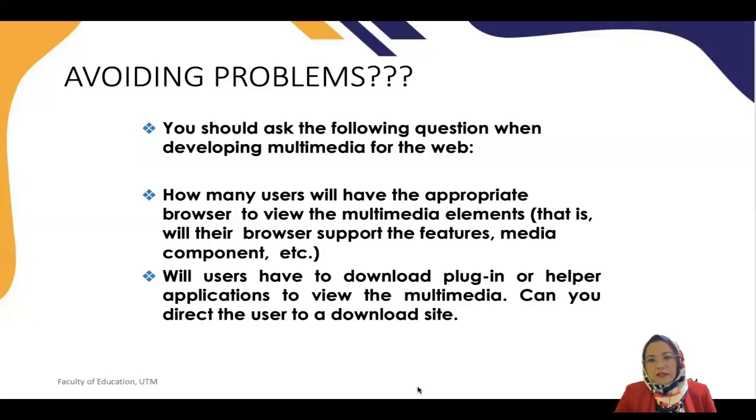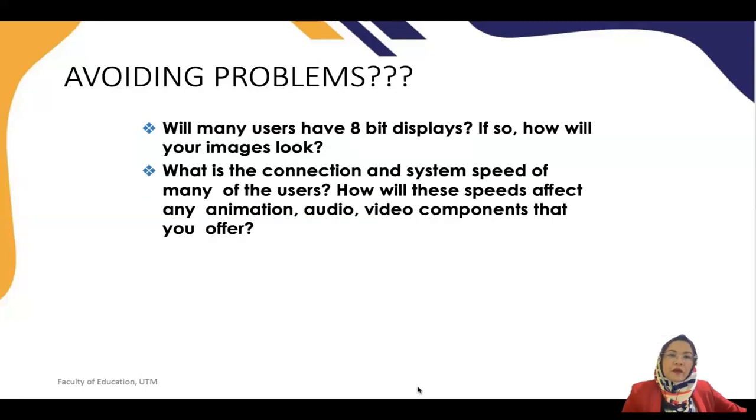And plugins. Sometimes certain websites require users to have a plugin to preview or play video. So take this into consideration. Is it necessary to offer a plugin? Another example, these days everybody has a smartphone, right?